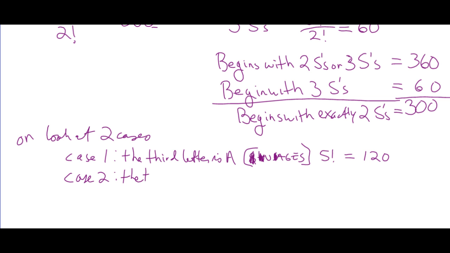the third letter isn't A. So S, A, U, S, A, G, E, S. The 2 S's are gone. Can't use the third letter as an S, so let's take out an E. Doesn't matter, it's either the E, the U, or the G. What's left? 1, 2, 3, 4, 5 letters.